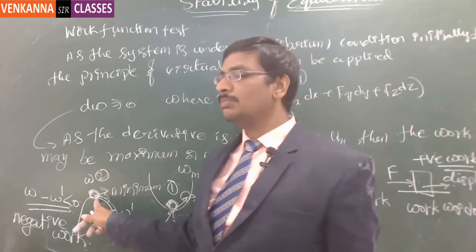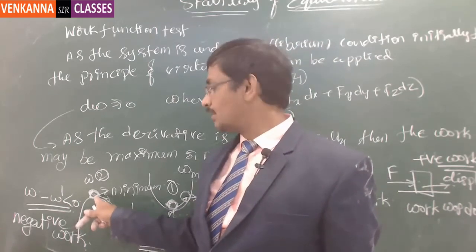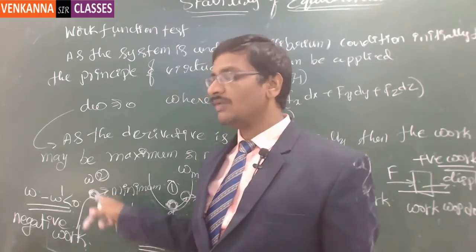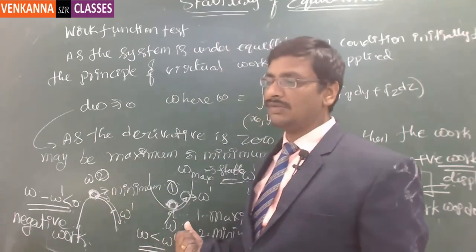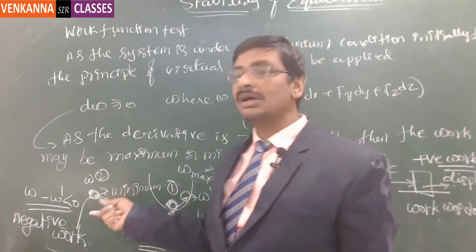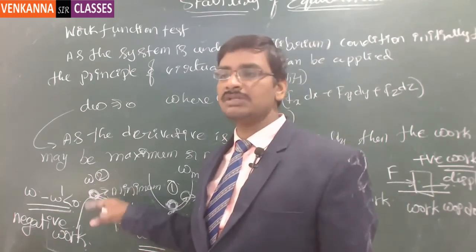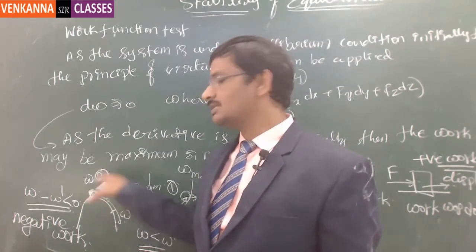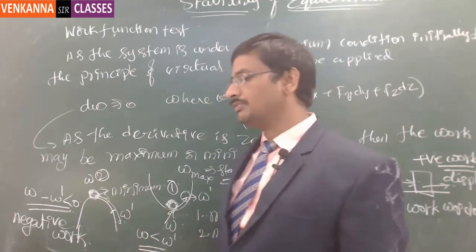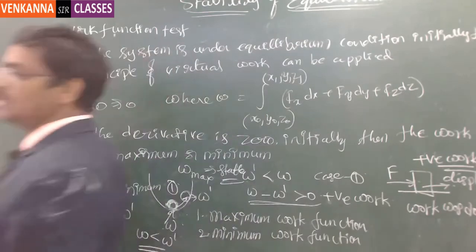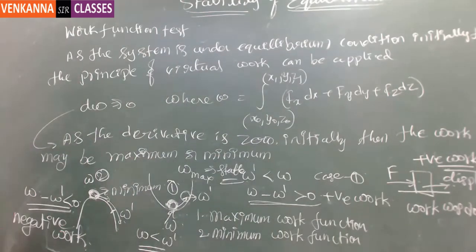See, this is having the minimum work function, but maximum potential energy. So wherever there is the least potential energy and maximum work function, the system is under stable equilibrium condition. And wherever there is least work function and the maximum potential energy, the system is under unstable equilibrium condition. Got it? So these two are the important tests. That is the work function test and the potential energy test.